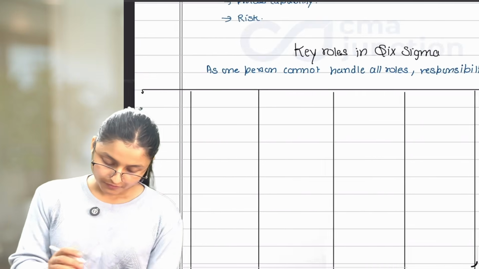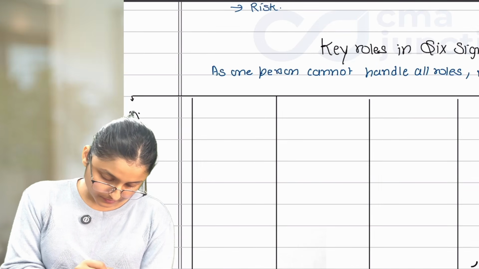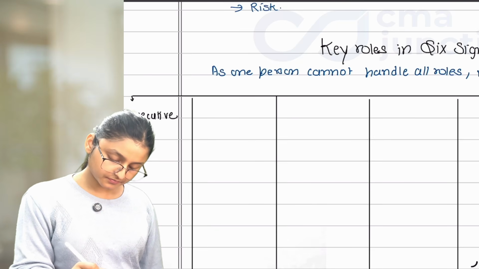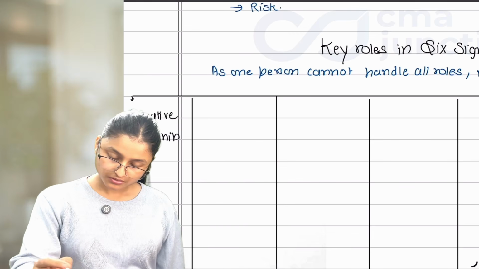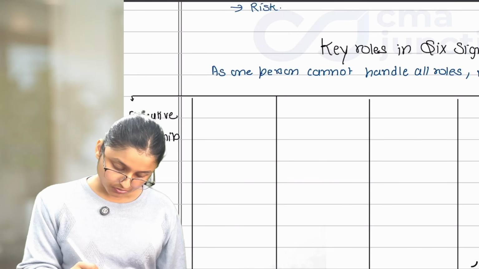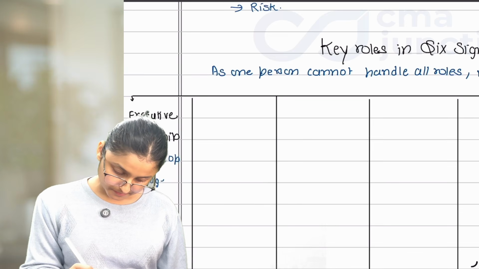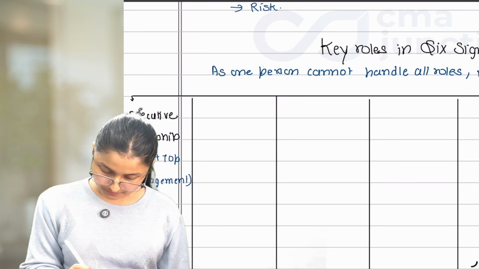Now, first one is executive leadership. Who is the executive leader? CEO or the top management. What do they do? They set the vision.